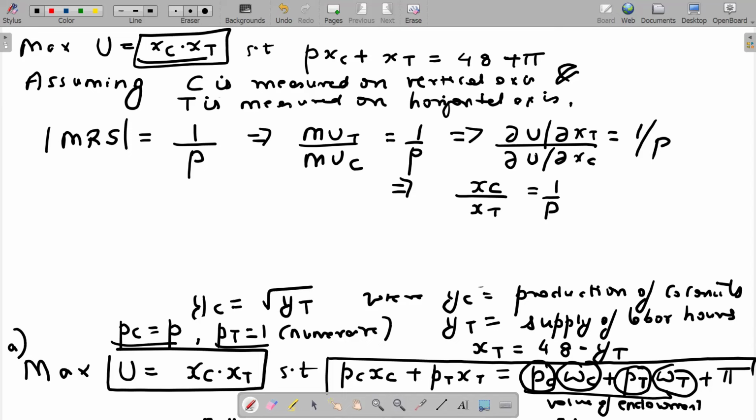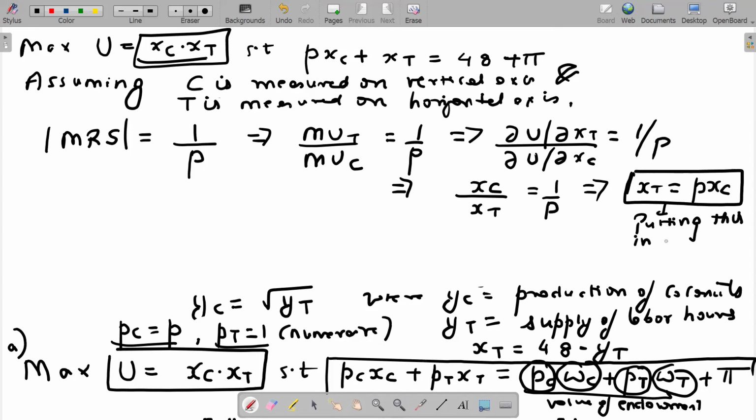So what do I get? I get XT as P times XC from this equation. And now putting this in the budget equation. In red color, students can see this is my budget equation.